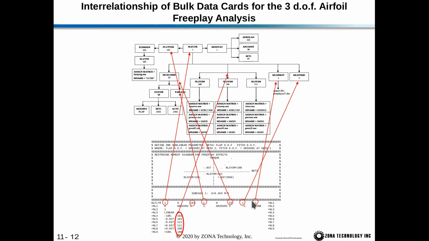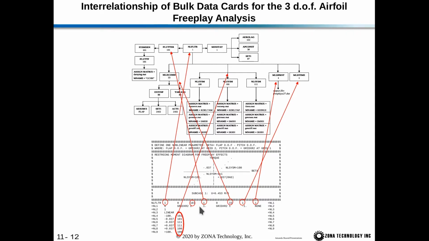And then we have our MLD time and MLD print. Our nonlinear parameter is made up, as we said, of the relative grid rotation. So we have ID grid 2, the y rotation about grid 2, the factor is positive 1. This factor is -1, so it's this grid rotation minus the y rotation at grid 1.